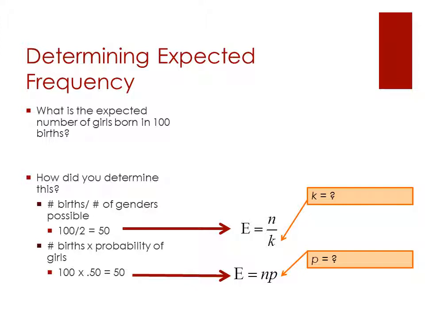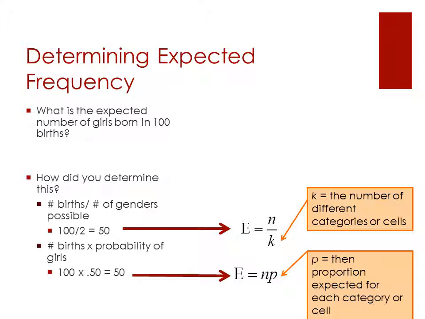So if we're looking at the second one, where the expected value equals n times p, p represents what? And p represents my probabilities that we've been working with. So here we have n divided by k, that's the number of the different categories. So if you look at this, you can see that the intuitive approach you used to solve this problem that I gave you is actually what's specified here more formally in the formulas that we're using.